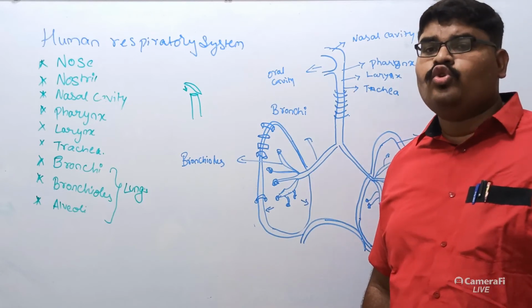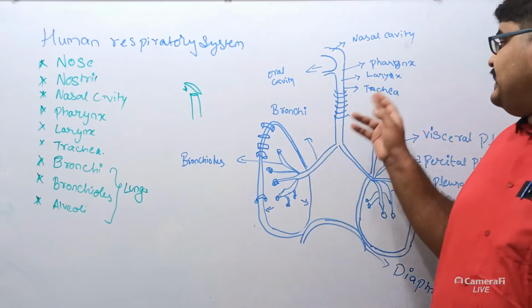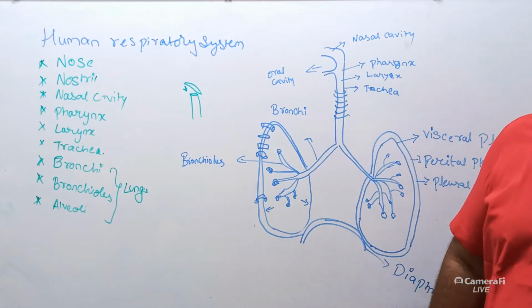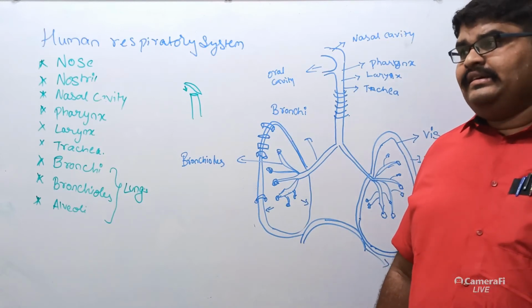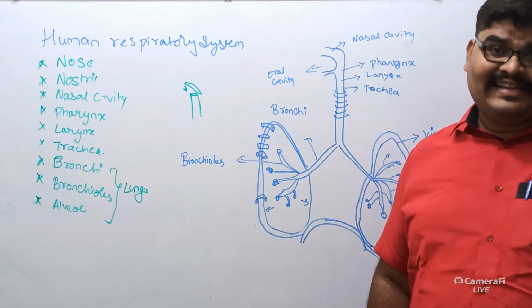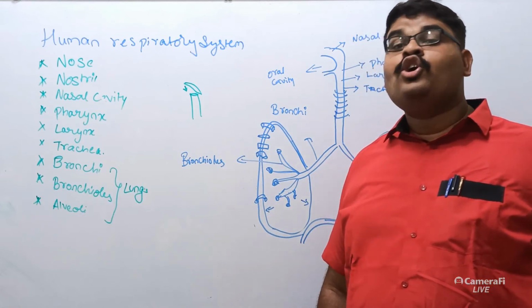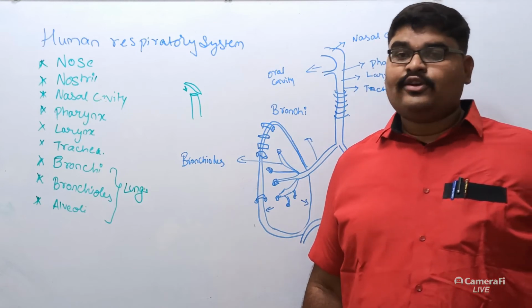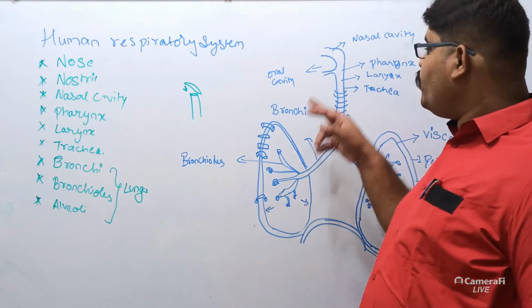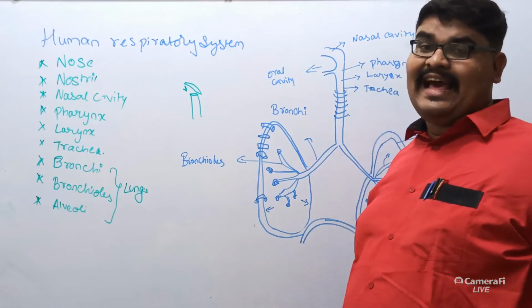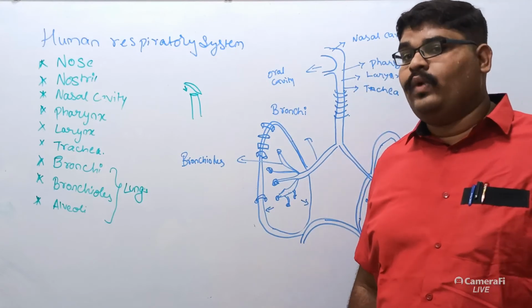It has actually no role in respiration, but the larynx has two ligamentous, rod-like structures, and those ligamentous rod-like structures are called vocal cords. When air enters into this larynx, the vocal cords vibrate.